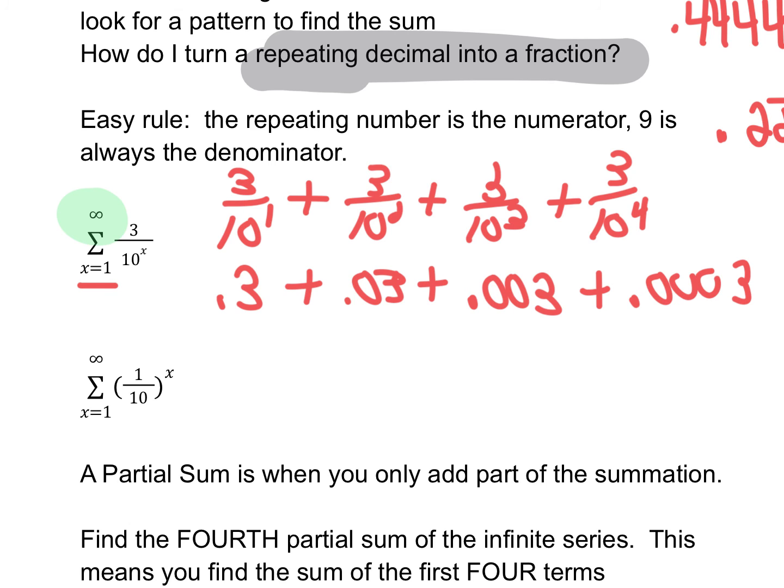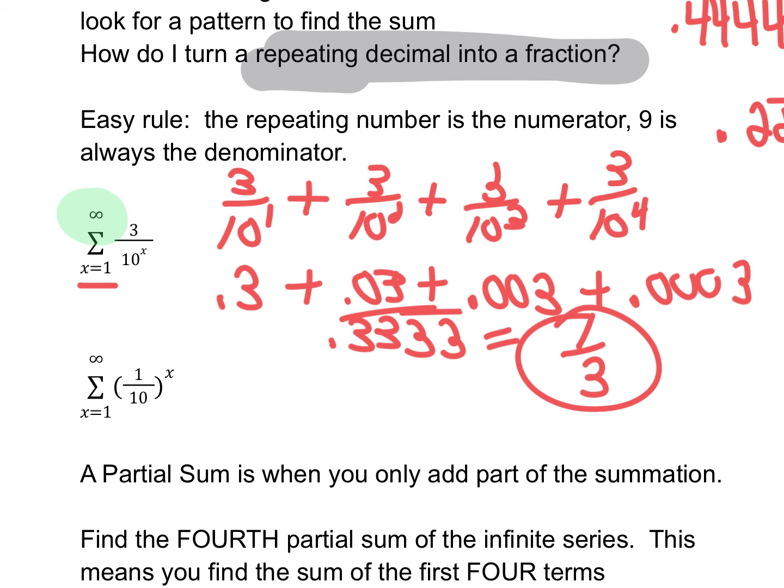So if you look, you got 0.3, 0.03. If you add those all up, you're going to get 0.3333. So our pattern that we notice is that it's going to be repeating 3, which is going to be a third. So if we added all of them up to infinity, they would get closer and closer and closer and approach 1/3.